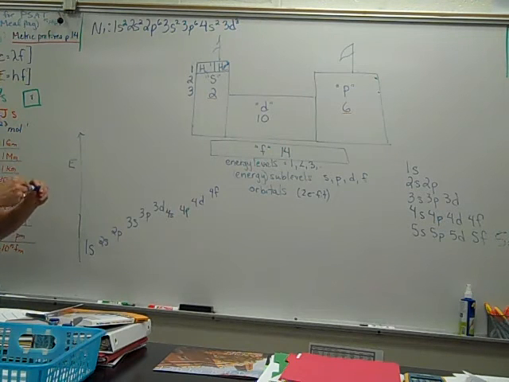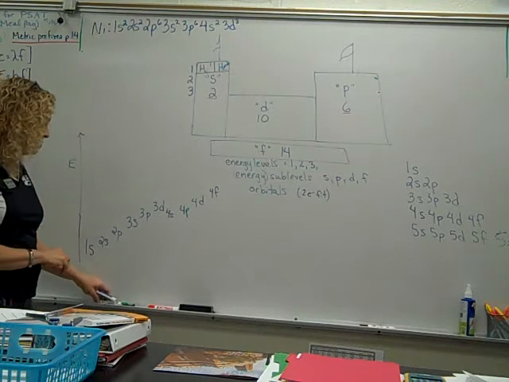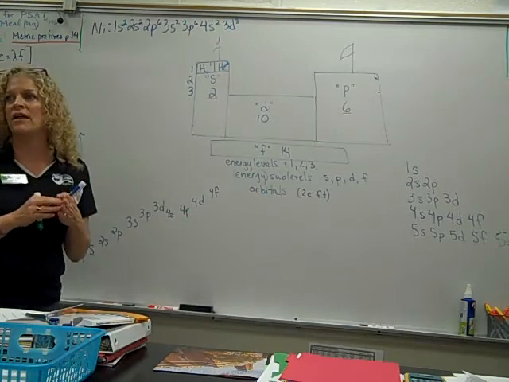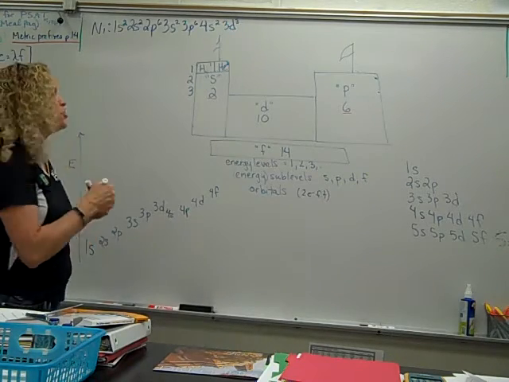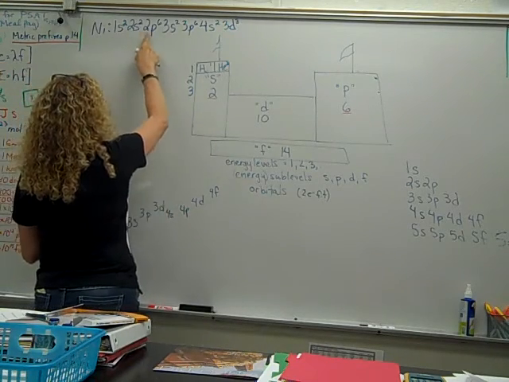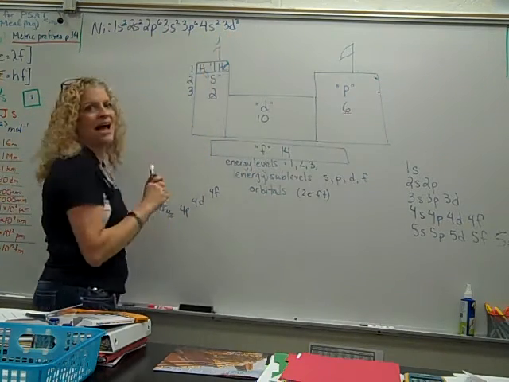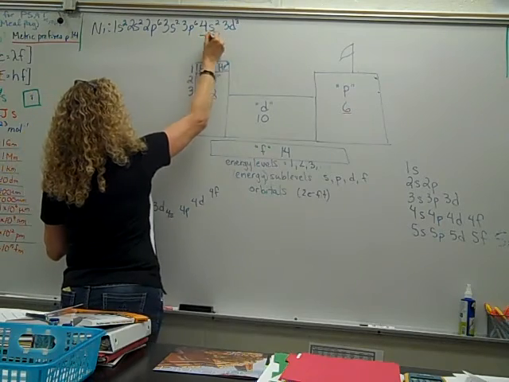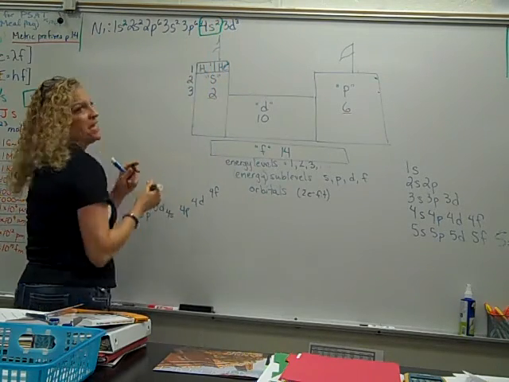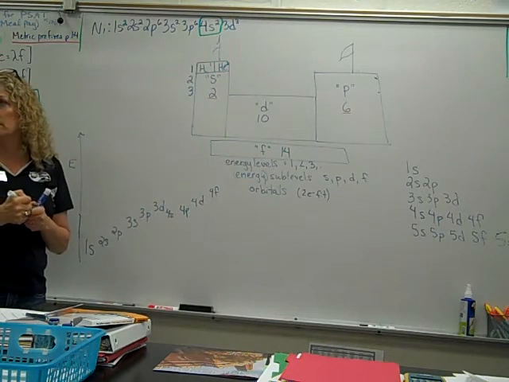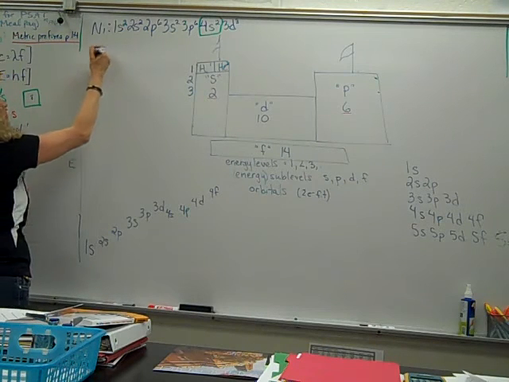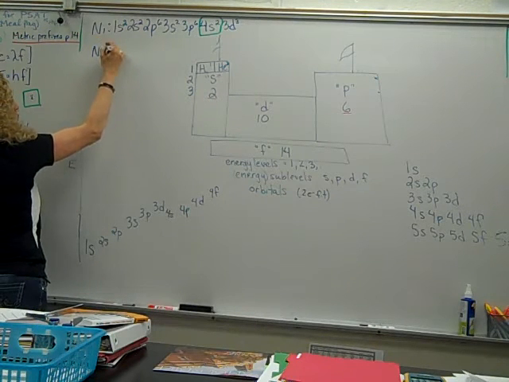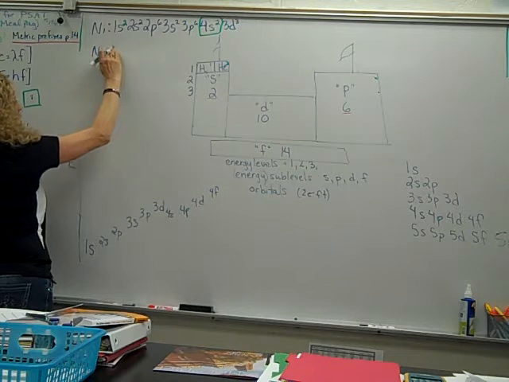But what's very interesting is this. If you look at the valence shell, the valence shell is where the energy level is the highest. Where's the highest energy level here? The fourth. And so these are the valence electrons. So if you were to write the Lewis dot formula for nickel, it would look like that.